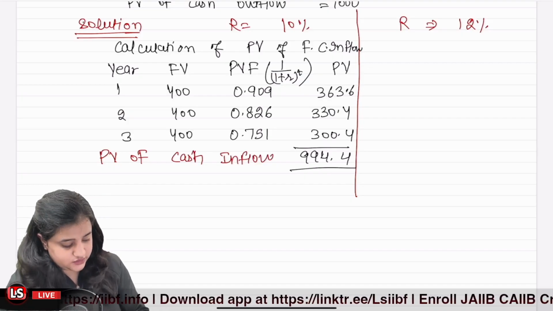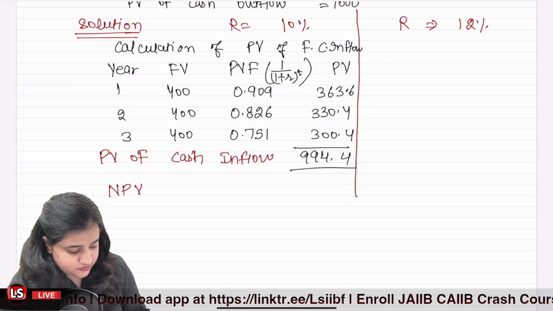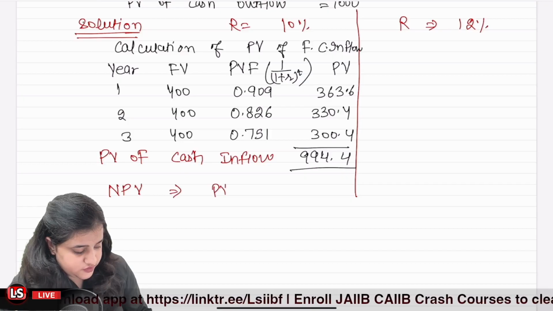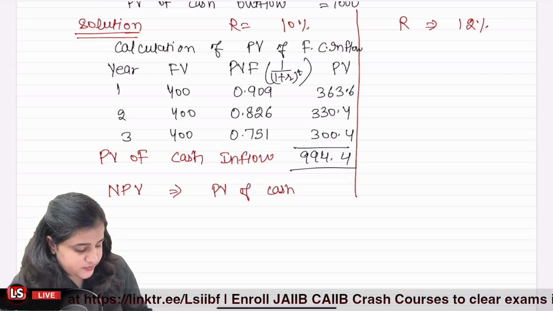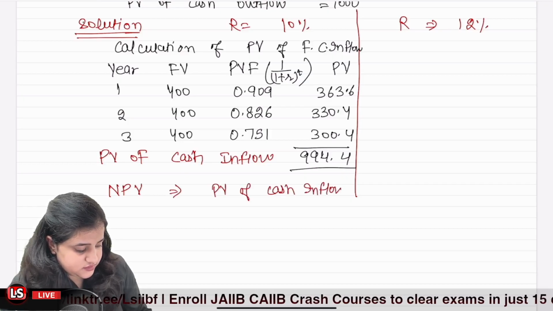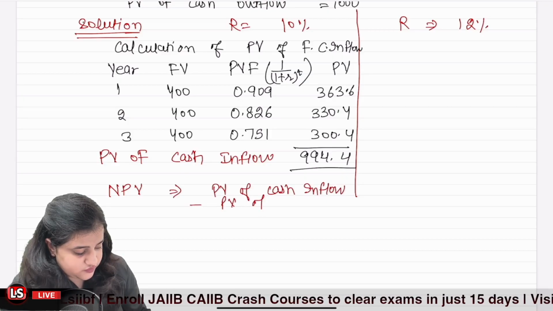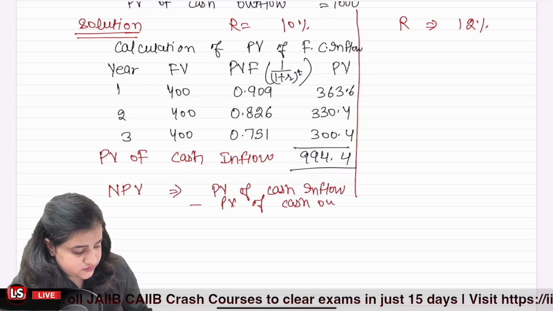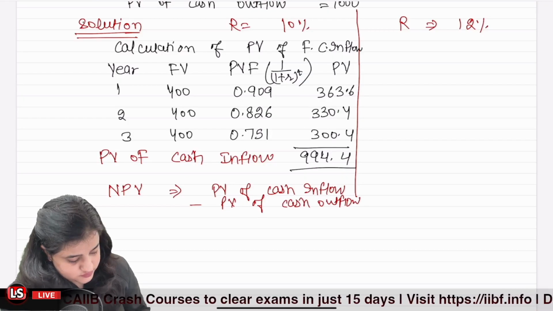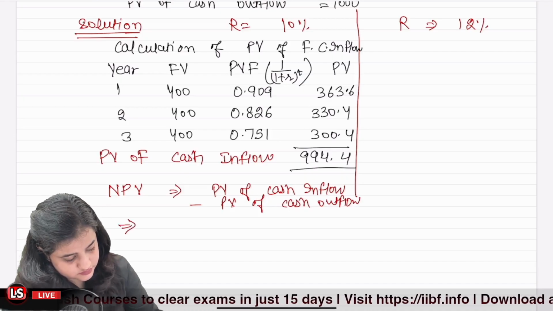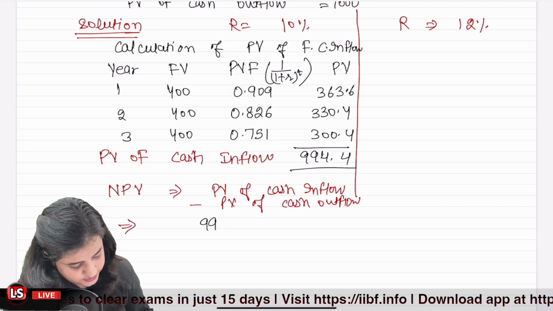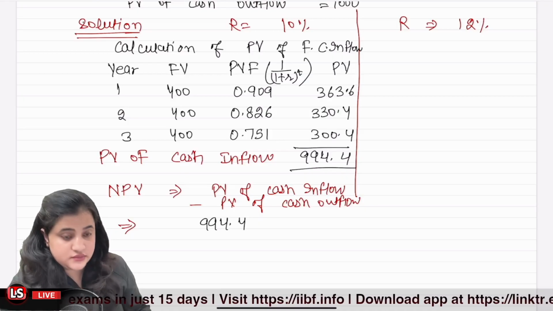What is the next step? Next step is to calculate NPV. NPV is equal to PV of cash inflow minus PV of cash outflow. So cash inflow is 994.4.